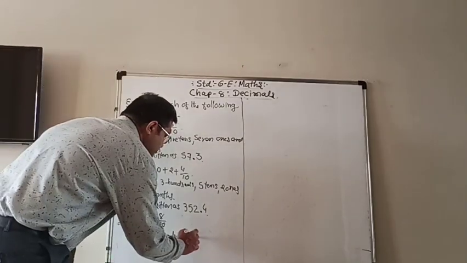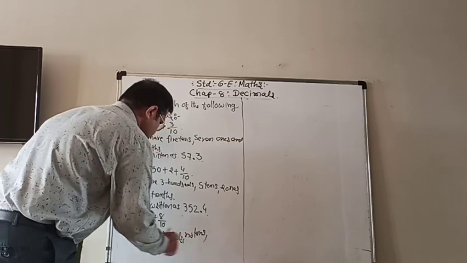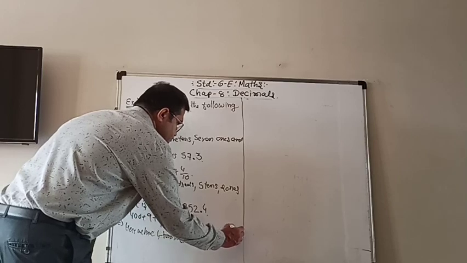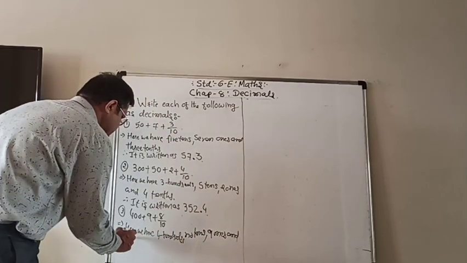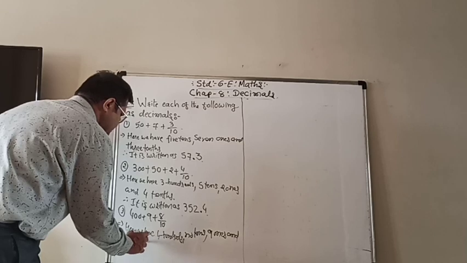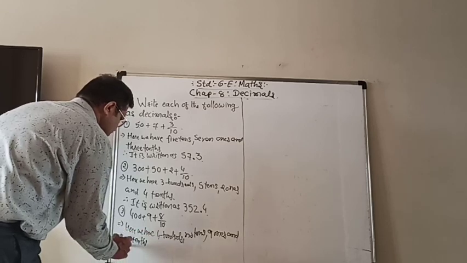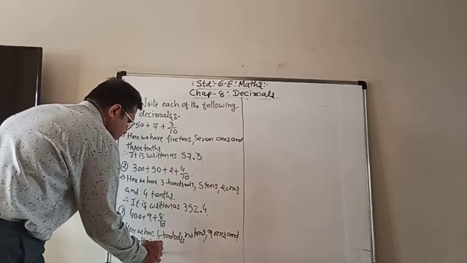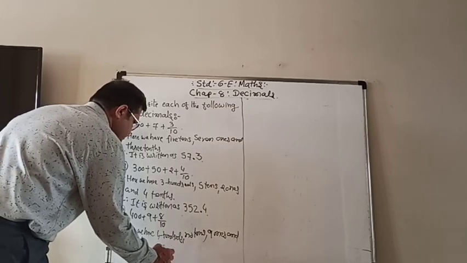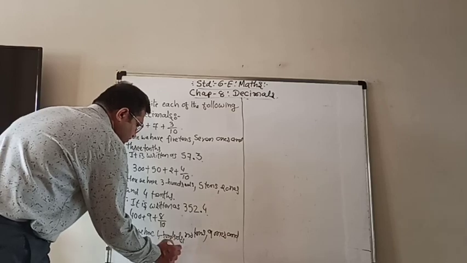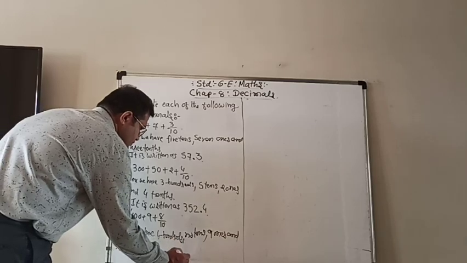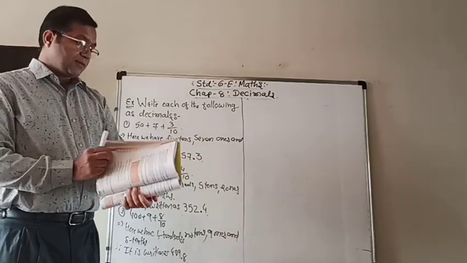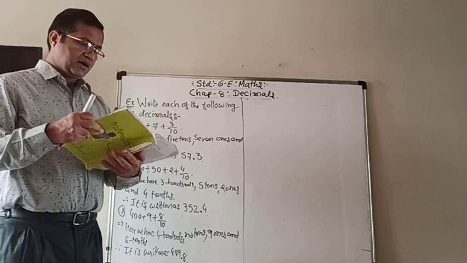So no tens. 9 ones and 8 tenths. Therefore it is written as 409.8. So by this way you can write down the numbers.